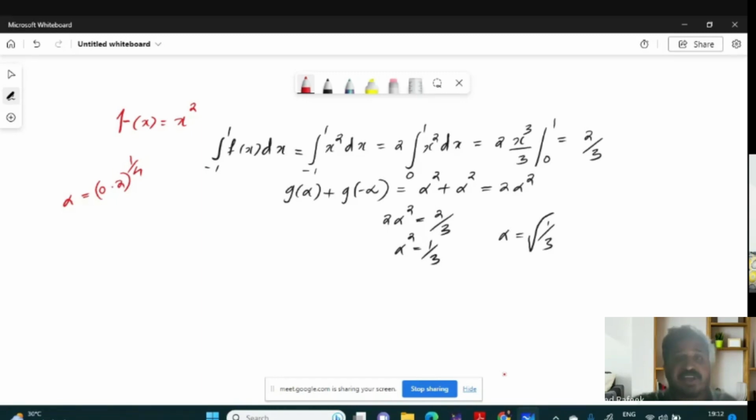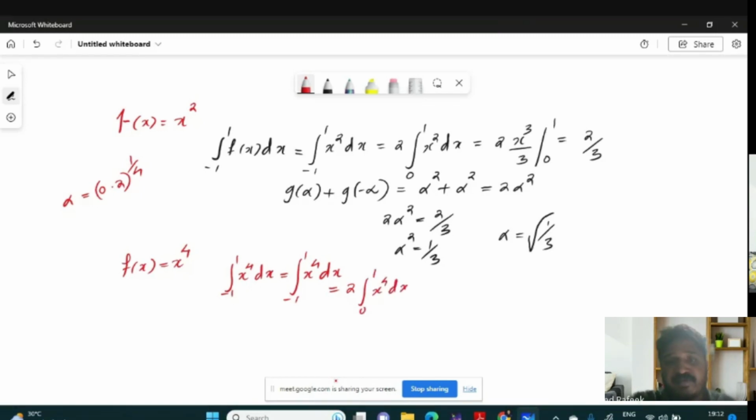Now let us see f of x is equal to x raised to 4. Let us try with that. Then integral minus 1 to 1 f of x dx, that means x raised to 4 dx, that means 2 into integral 0 to 1 x raised to 4 dx, because again it is an even function.